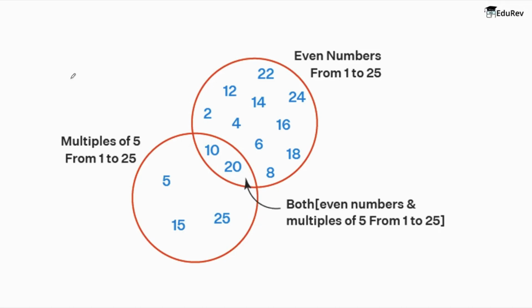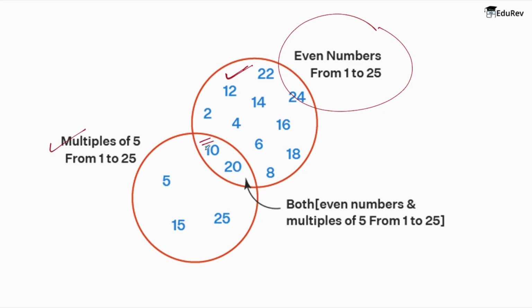The intersecting part shows that 10 and 20 are both even numbers and also multiples of 5 between 1 and 25. So on this screen we have two sets: even numbers from 1 to 25, and multiples of 5 from 1 to 25, which are 5, 10, 15, 20 and lastly 25.